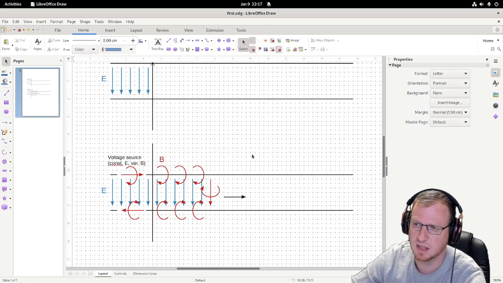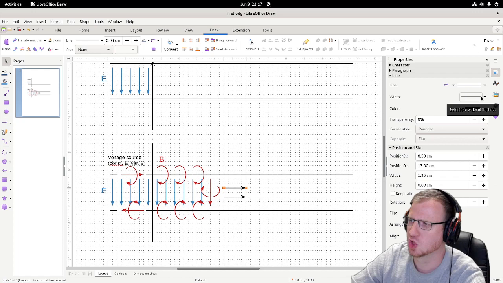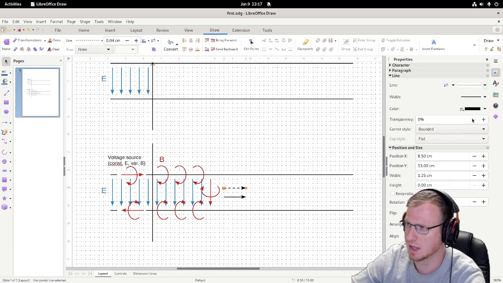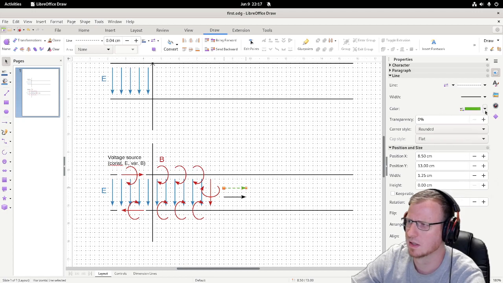And then we have another arrow, and we make this arrow style dashed, and color green, a little bit darker, dark green.